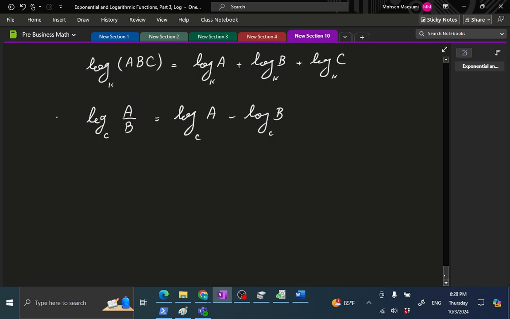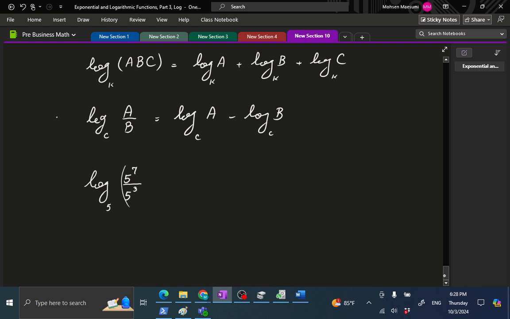They are all the same. Let's explain it like this. Suppose we want to figure out what is the logarithm of 5 to the power of 7 divided by 5 to the power of 3 in base, let's make it simple, base 5.